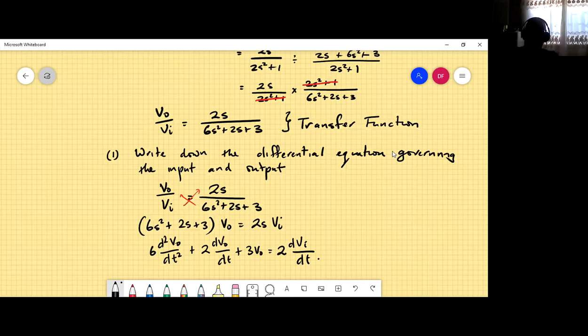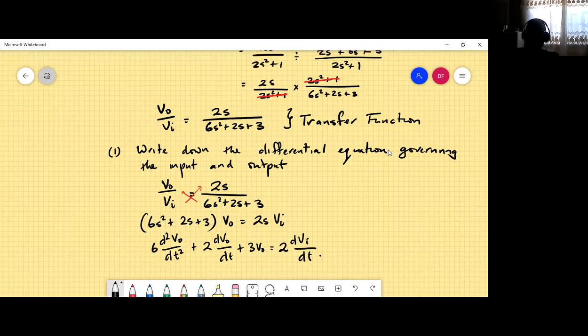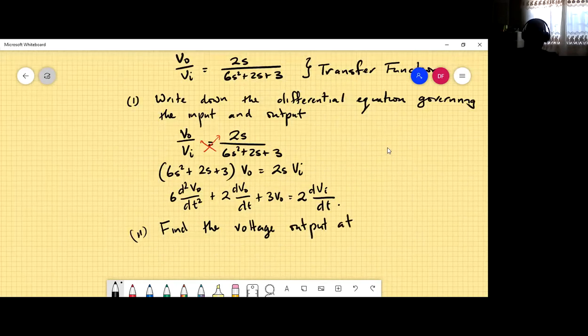Suppose I ask myself another question. Find the voltage output at t equal 3 seconds if the input is a 5 volt DC.